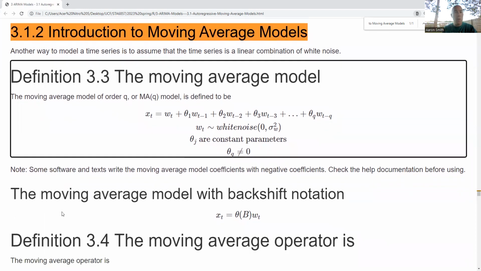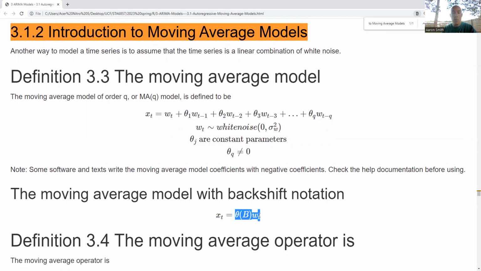Now we can take a look at this model with a backshift operator. In this notation, our time series is equal to some coefficients, an operator on the backshift operator, cumulatively another operator working on the white noise time series.